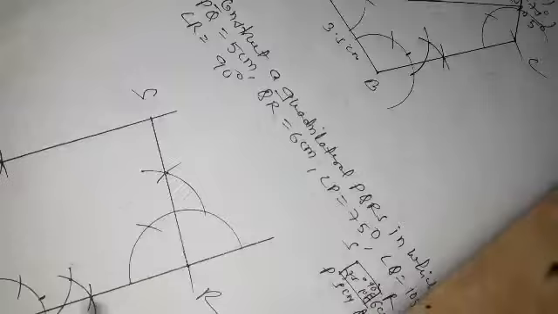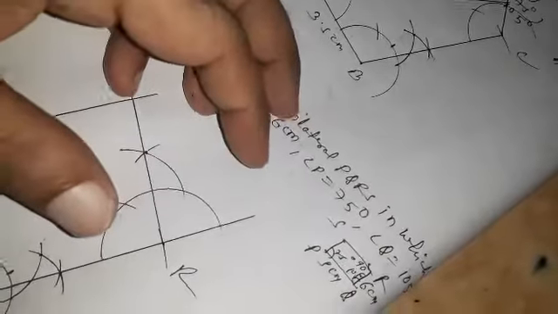This is point S. Thus PQRS is the required quadrilateral.